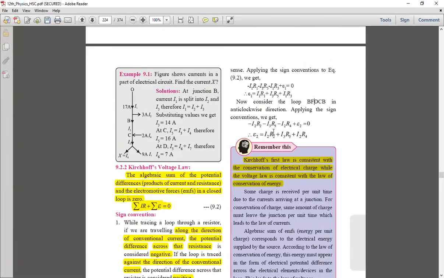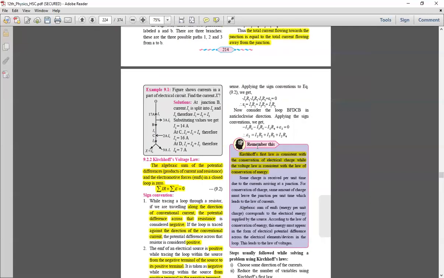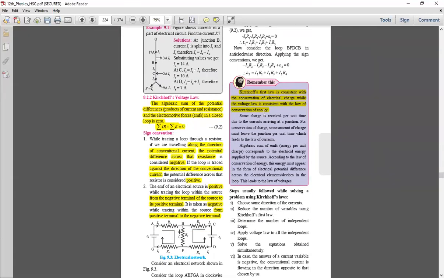Minus I2 into R4. D to C, what is that? D is connected to low potential and C is connected to the positive terminal or high potential. So as we are moving from D to C, we are moving from low potential towards high potential.